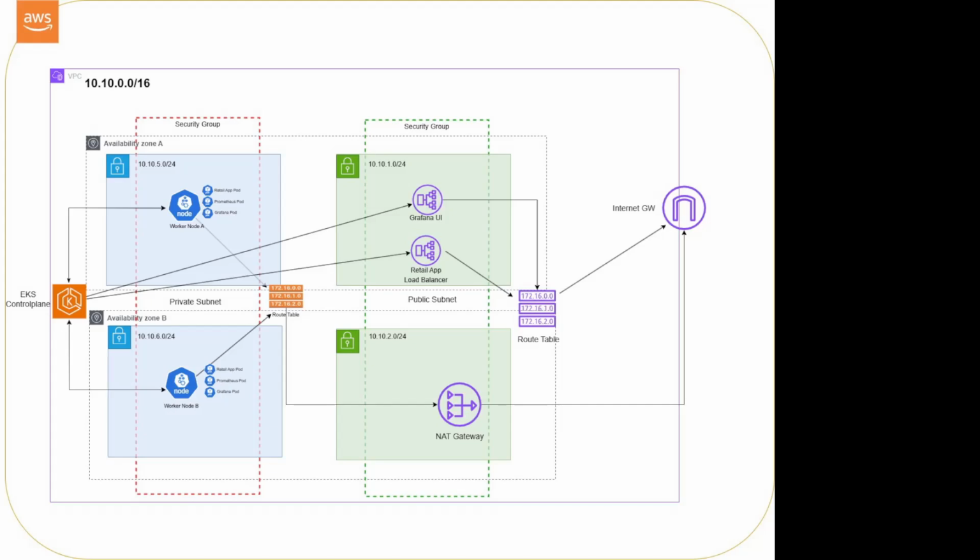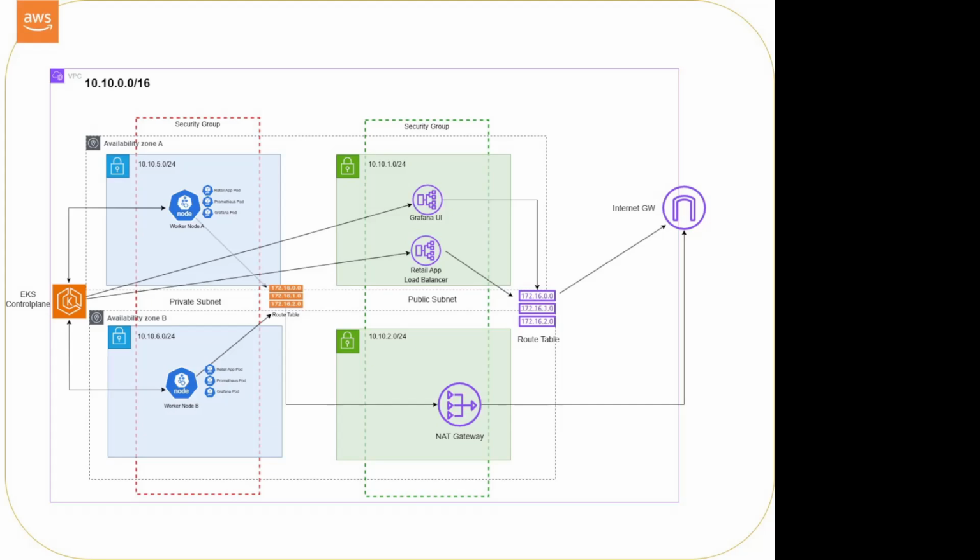So here's the architecture. We will be using Terraform to automatically deploy our AWS environment. We have availability zone A and availability zone B. We have a private subnet and a public subnet.